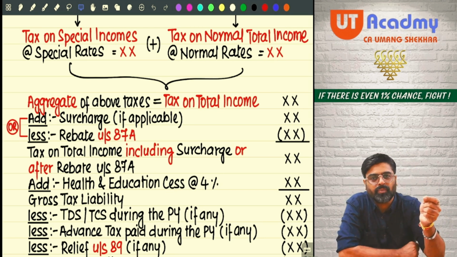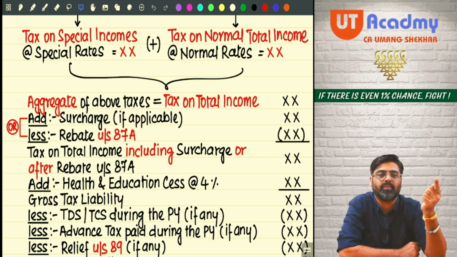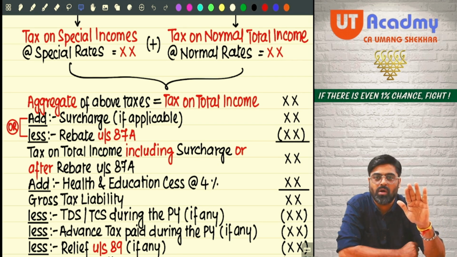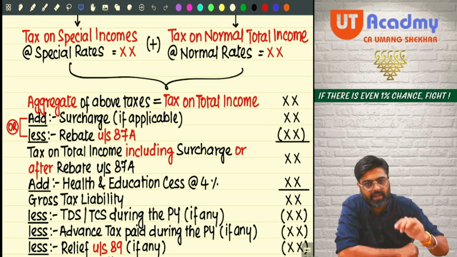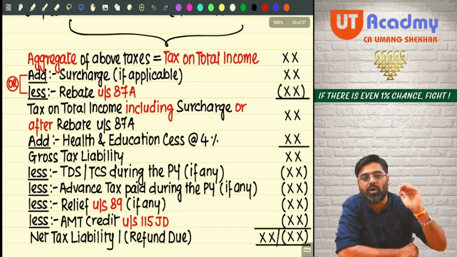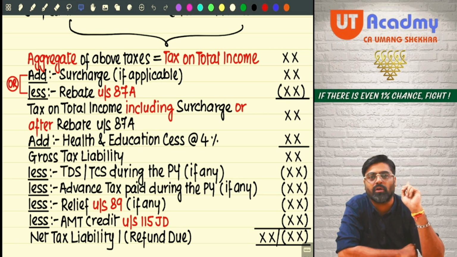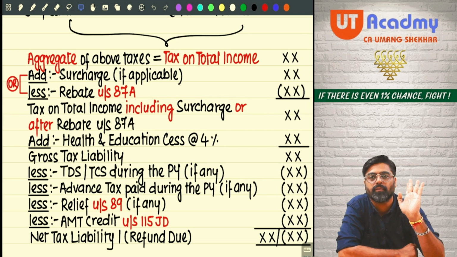Once you add surcharge, the tax becomes tax on total income including surcharge, or when you reduce the rebate, your tax on total income is after rebate. On whatever tax you get, including surcharge or after rebate, you are supposed to apply 4% cess also. That is known as health and education cess.